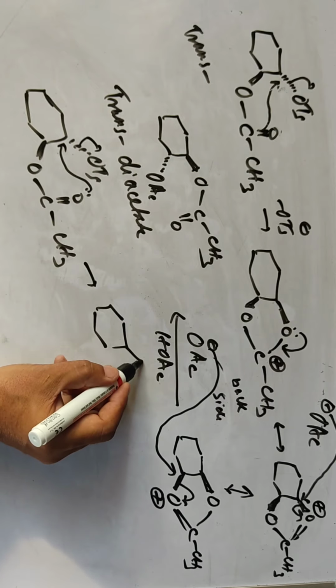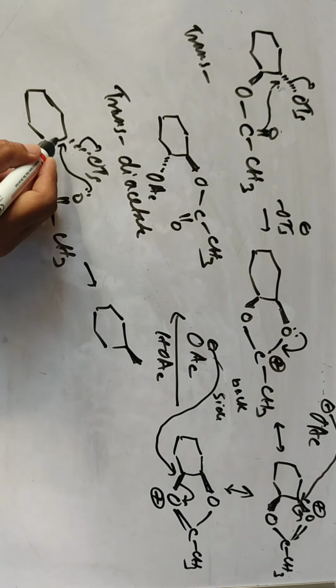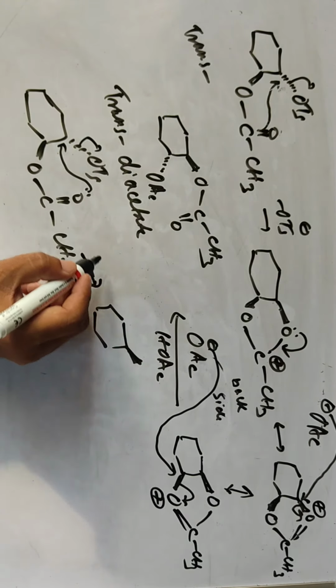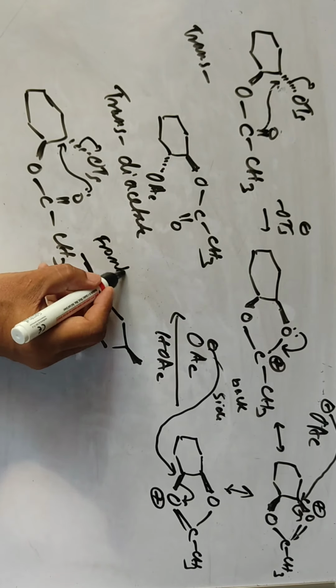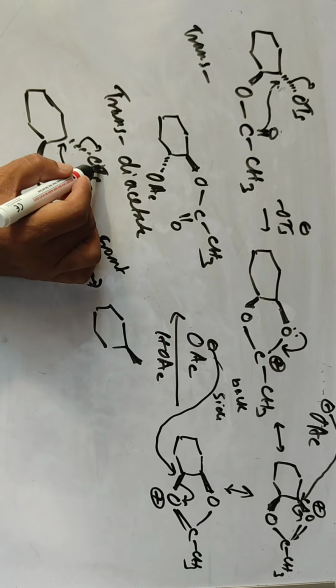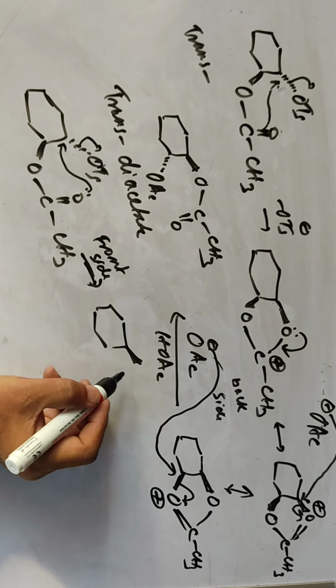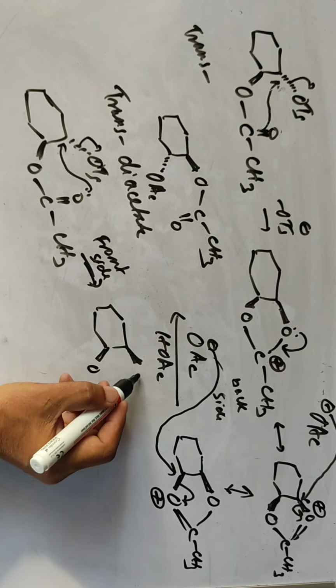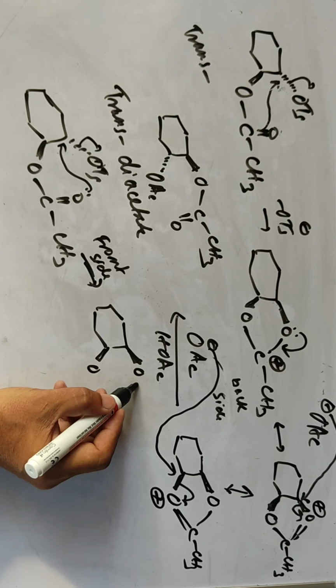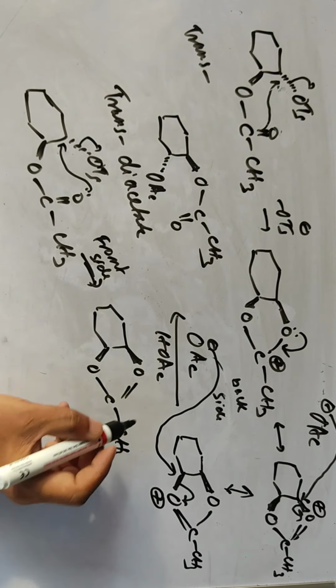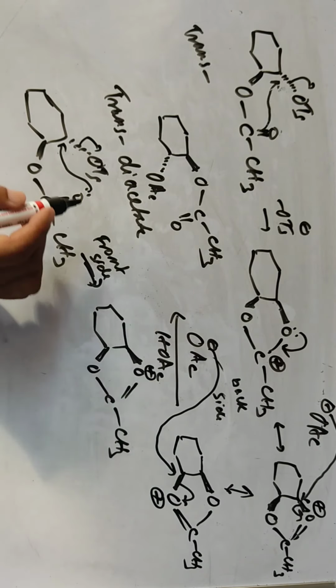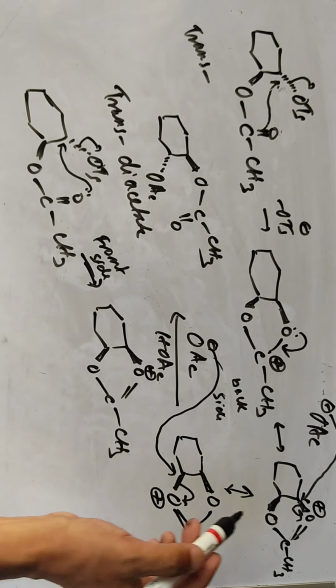So here attack from the front side, because the back side is blocked by the leaving group OTs. So you got this, O, then here C double bond CH3, so O becomes positive here. So you attack like this, so you get this product.